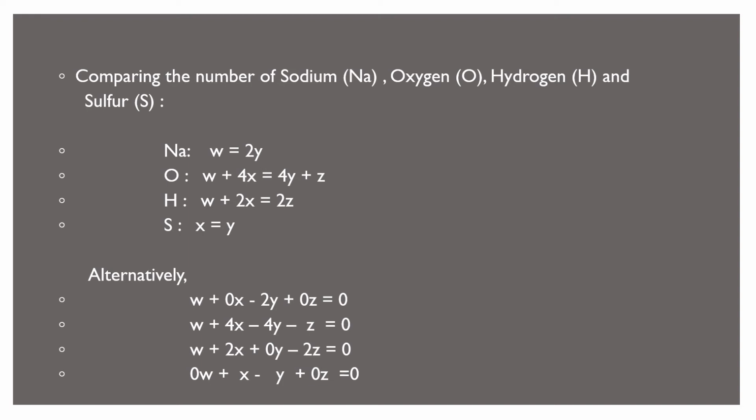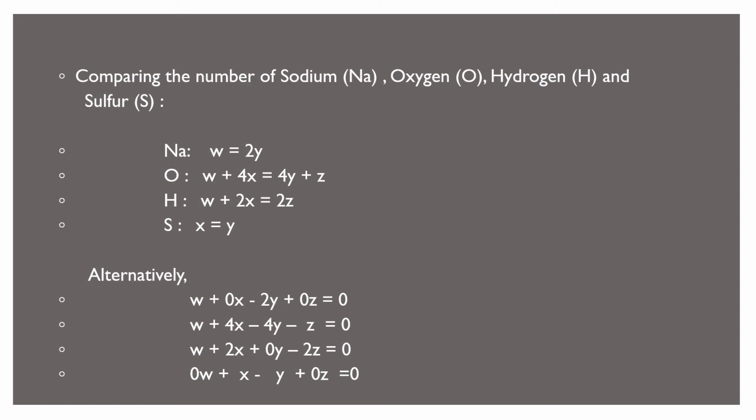And 0w plus x minus y plus 0z equal to 0. So we have a system of four simultaneous equations in terms of these four unknowns w, x, y and z. Our aim is to solve for these unknowns.